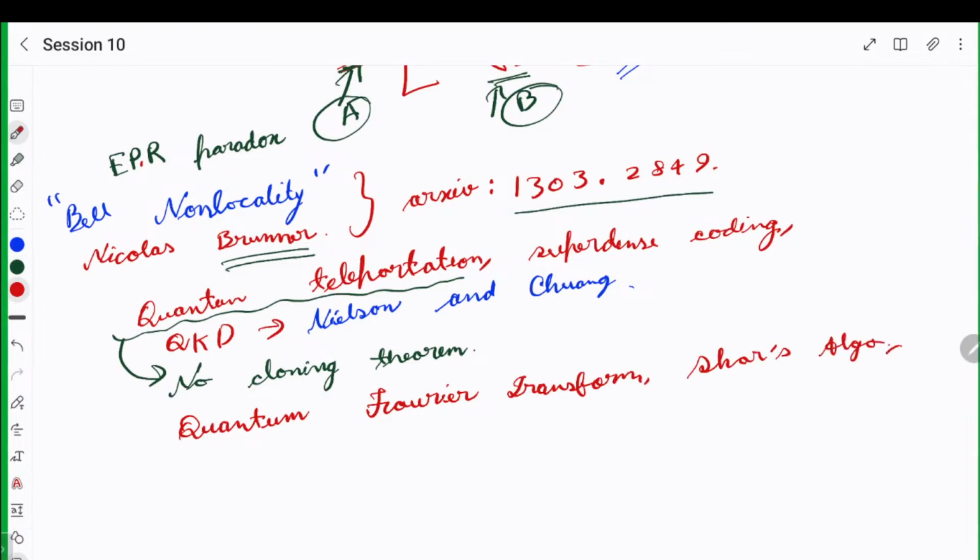Okay, and Grover search also. These are some of the very important algorithms. Grover's algorithm. Okay, so that's about it.